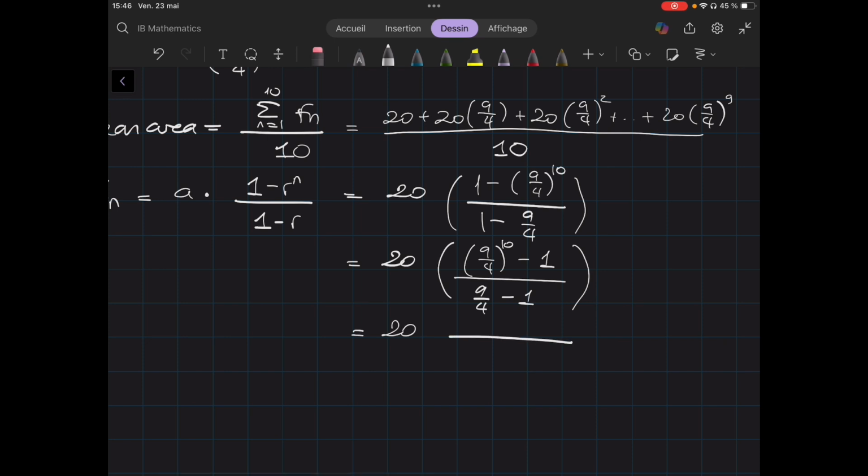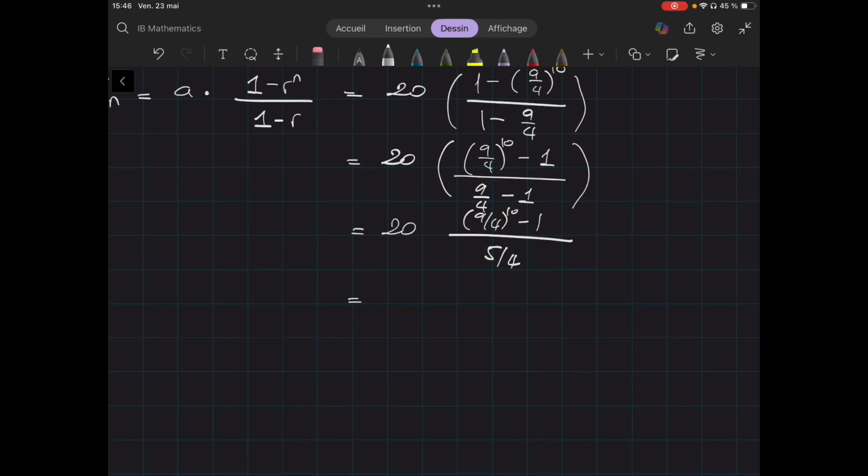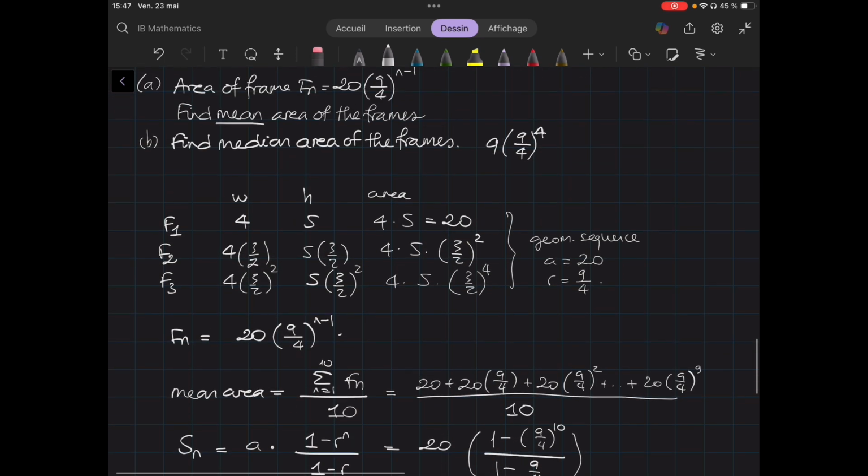The denominator can be simplified. So your final answer would be 16 times 9/4 to the 10 minus 1. In other words, P is equal to 16, A is equal to 10. So that's the end of part A.